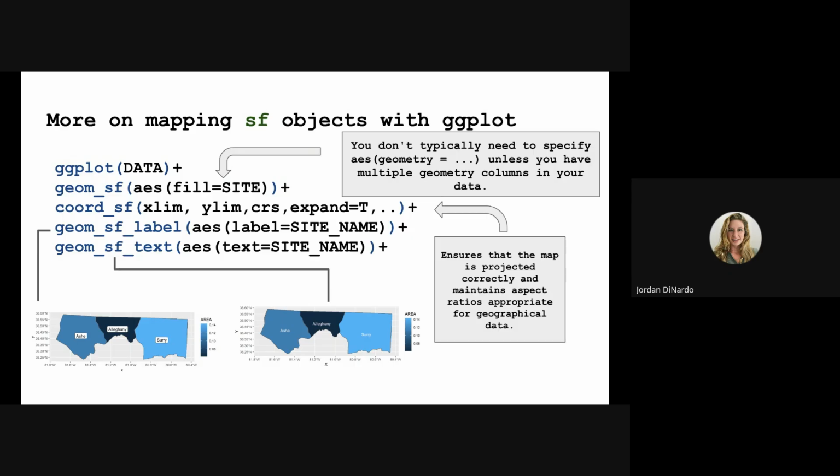And in either one, you're indicating what you wish each label or text to say. If you're using geom_sf_label, you would say label equals and then provide the variable name that corresponds to the names of each site, and so on with geom_sf_text as well.